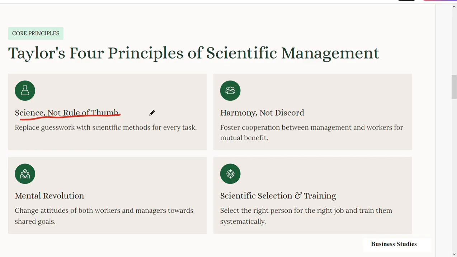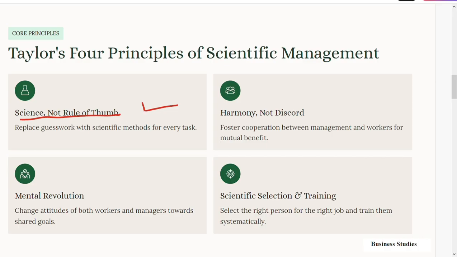Rather, it should be planned previously, with a previous plan for everything. On that basis we set standards and methods for everything to perform, and that is the way we should work, on scientific methods and techniques. That is called science, not rule of thumb.